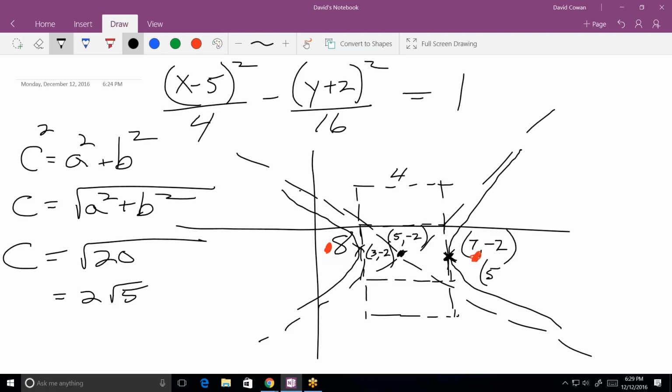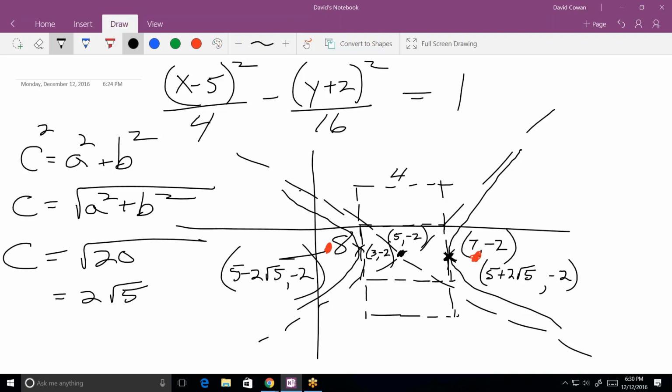Notice that 5 plus 2 root 5 is larger than 7. Root 5 is going to be 2 and change, so 2 times root 5 is at least 4. 5 plus 4 is 9, so it is to the right of 7, as it should be. And then this one over here is 5 minus 2 root 5, comma negative 2.